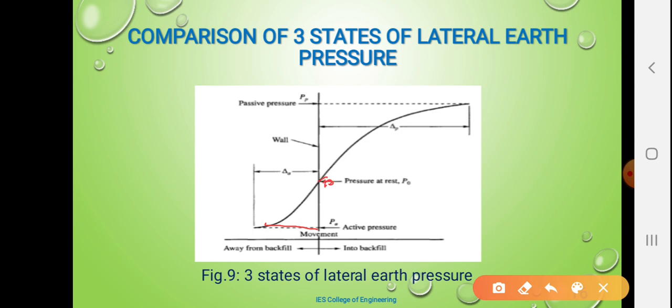Here there is no wall rotation or wall movement, that means delta 0 equal to 0. Then here pressure is higher than in the active condition, and here the passive condition, the deformation of the wall is much higher compared to the active condition, and pressure is also higher than the at rest and active pressure conditions.